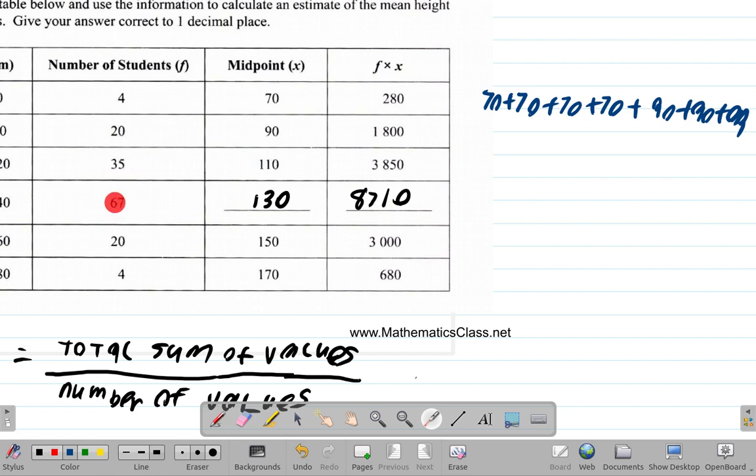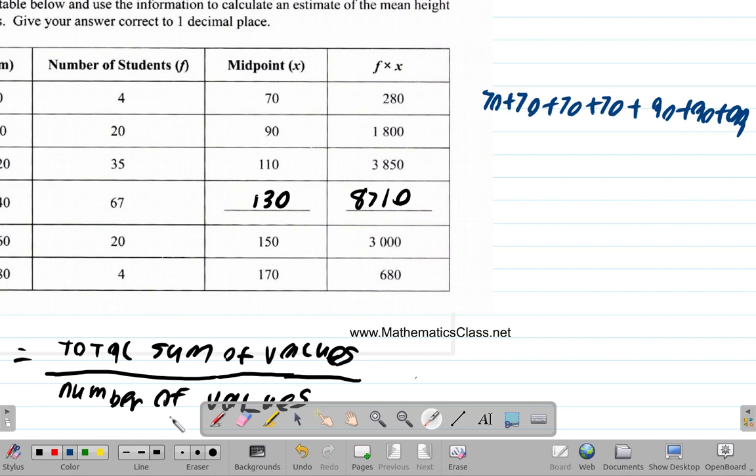Then you have 67 of 130 centimeter height. Then you would have 20 of 150 centimeter height. Then you would have 4 of 170. If you line them up, you'd have a total of 150 numbers to add.